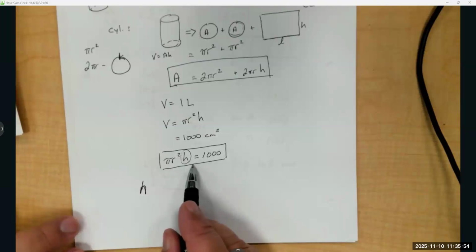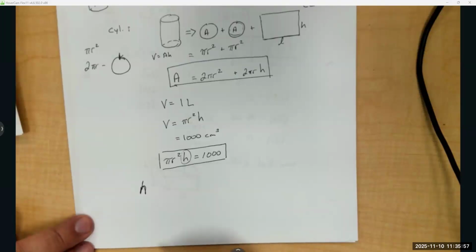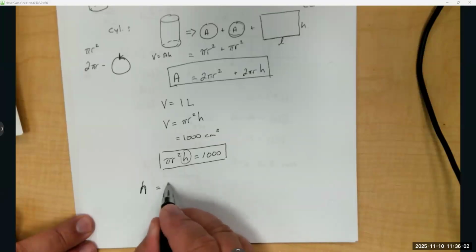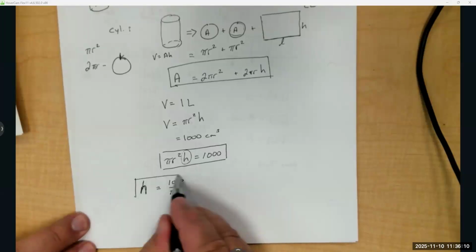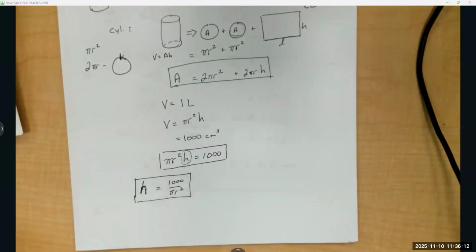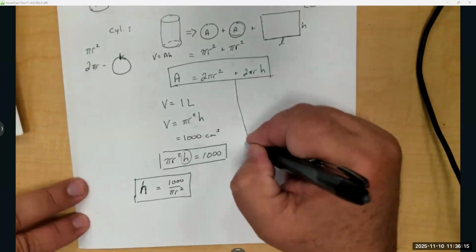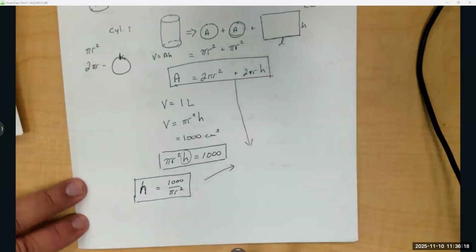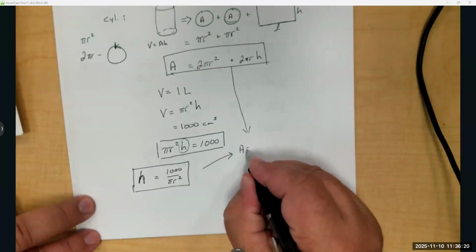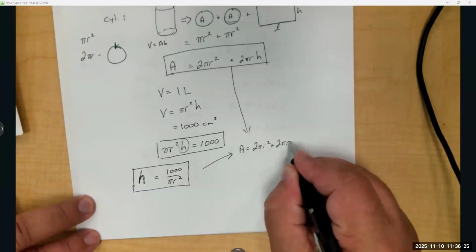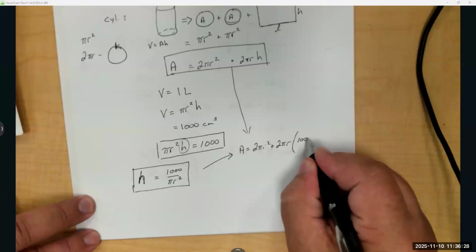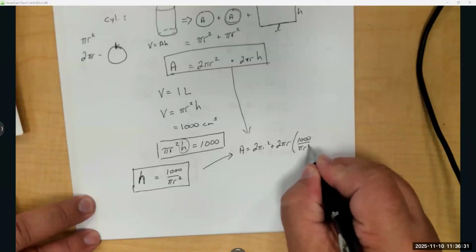So what is H? Divide both sides by pi r squared. So here's my H formula. So my area becomes 2 pi r squared plus 2 pi r times 1,000 over pi r squared.